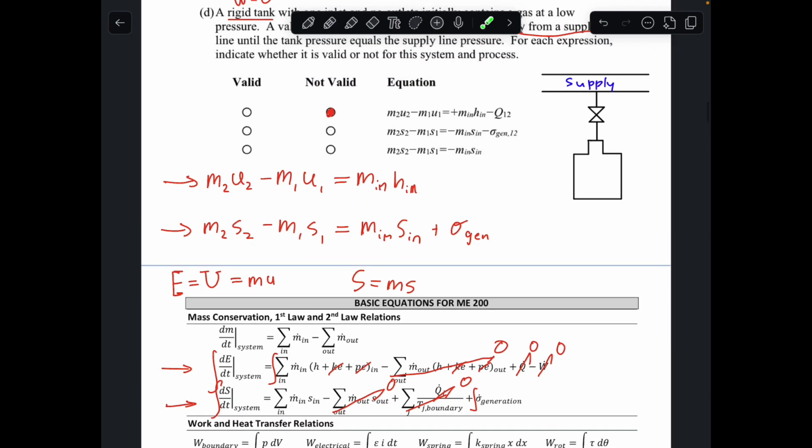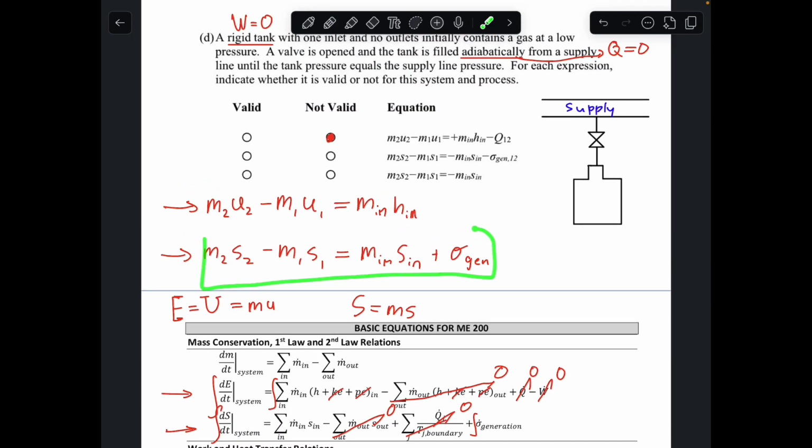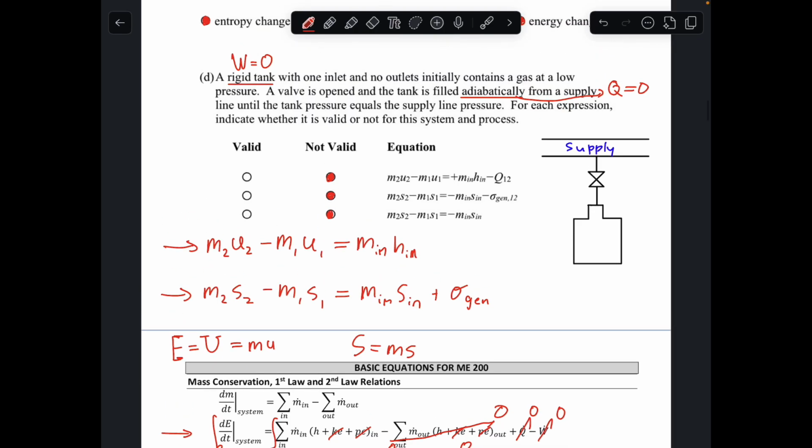So this is what we should get for our version of second law, but that doesn't match either of these equations here, because this one has a negative sign here and a negative sign here, so both of these signs are wrong because this should be positive and this should be positive as well. And then this one, again, it's a negative sign here, but it doesn't have that plus sigma gen term here. And so this is the version that we think should be right, and so both of these would not be valid as well. So this is our final answer. None of these equations are valid.